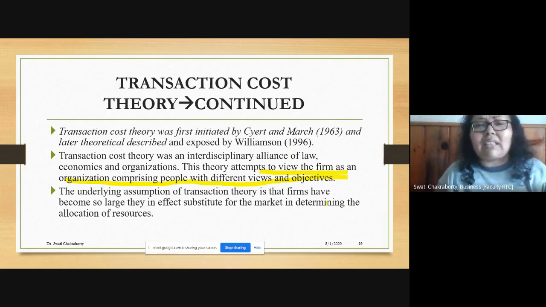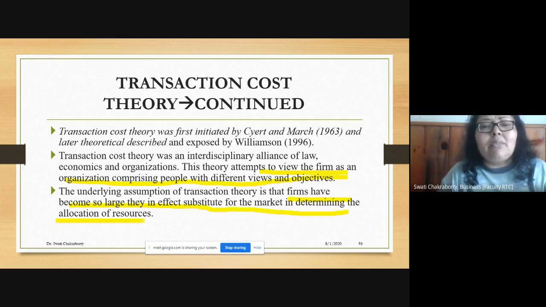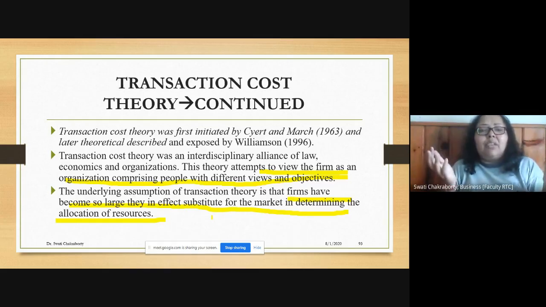Okay. So the assumption of the transaction cost theory says that firms have become so big that they sometimes substitute the market in determining the allocation of resources. They substitute for the market in determining the allocation of resources.